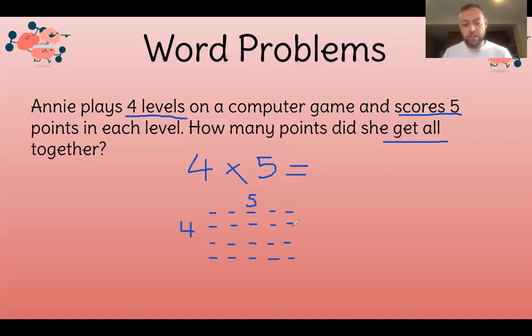Level 2, she got 5 points. So that's how I solve it, isn't it? 5, 10, 15, 20. How many points did Annie get altogether? She got 20.